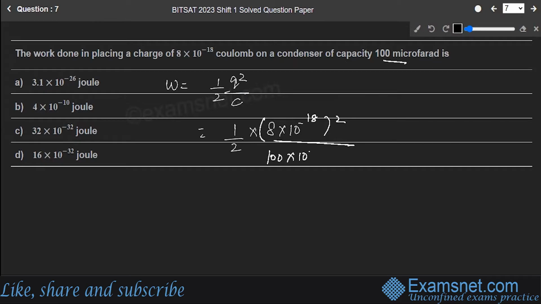Let's convert that into farad: 100 into 10 power minus 6. On solving, half into 8 into 8 into 10 power minus 16 plus 6, divided by 100.